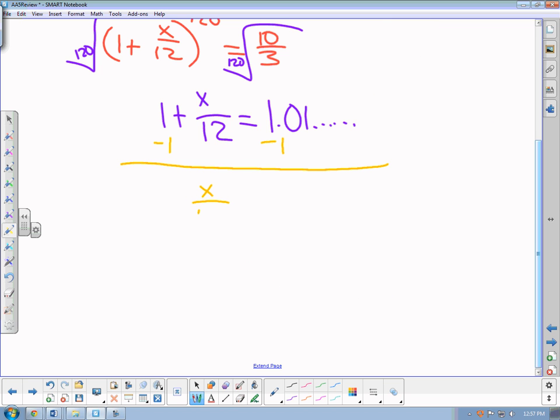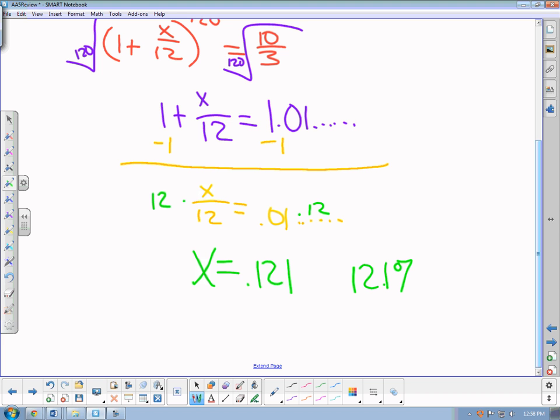And then you have x over 12 equals 0.01 and stuff. Finally, multiply both sides by 12. And x will be approximately equal to 0.121, which is 12.1%. And there you have it.